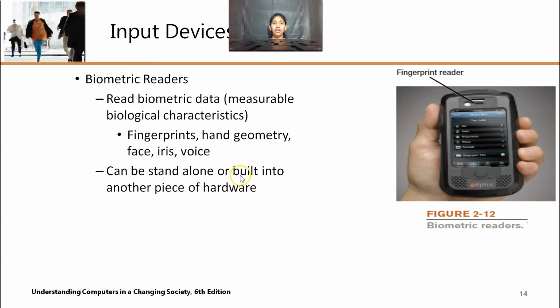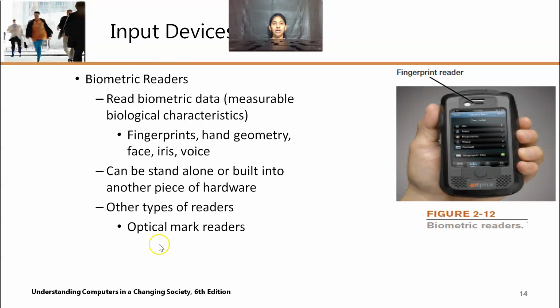They can be standalone or built into other pieces of hardware. Your mobile devices are integrated with biometric readers, where you can unlock your phone using face recognition software. Biometric readers are used to read your face, your voice, and so on. And also they can be standalone.